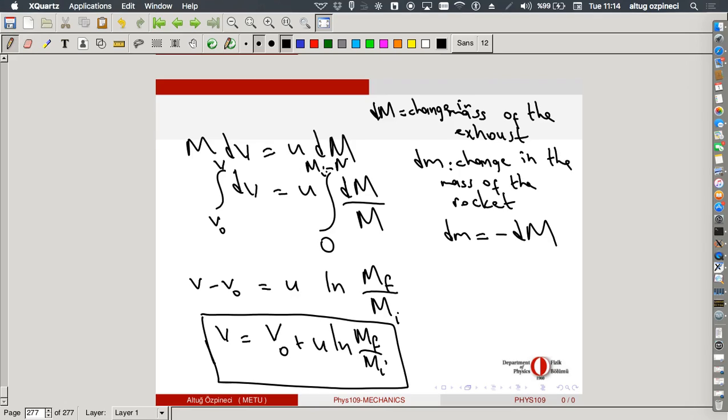Now, m initial minus m final is the mass of the exhaust. But of course, we still need to make some more changes, because if large M is the change in the mass of the exhaust, what we used was the mass of the rocket, the remaining rocket. So we have to also correct this one. Well, that will take a long time, so let's stick with the other one.